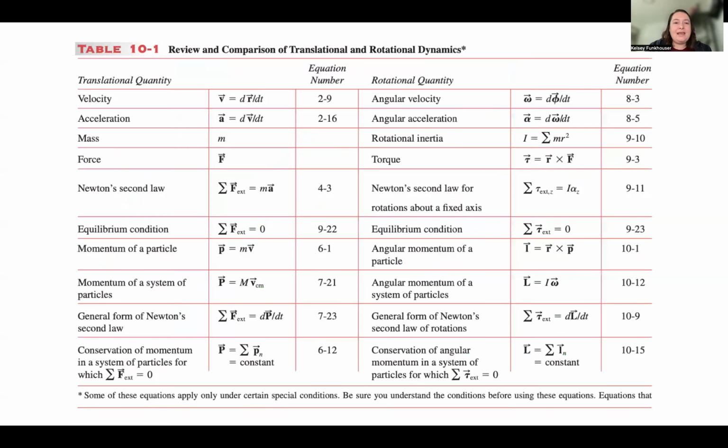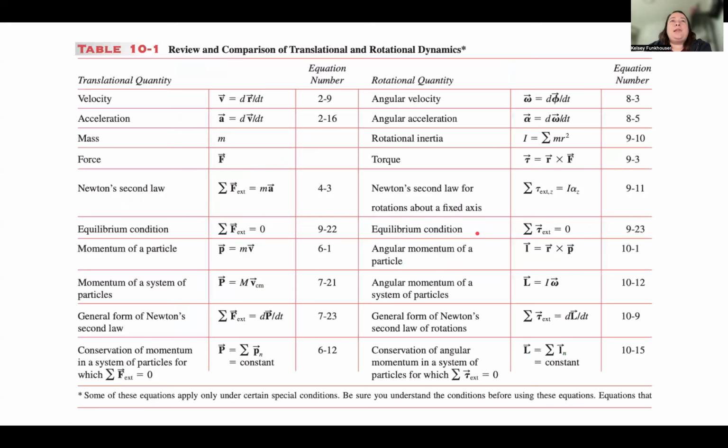Okay, last thing is I just want to end with this table relating translational and rotational quantities from velocity all the way to momentum. So velocity, acceleration, mass and rotational inertia, torque and force, Newton's second law for both, and we just derived this in another way.